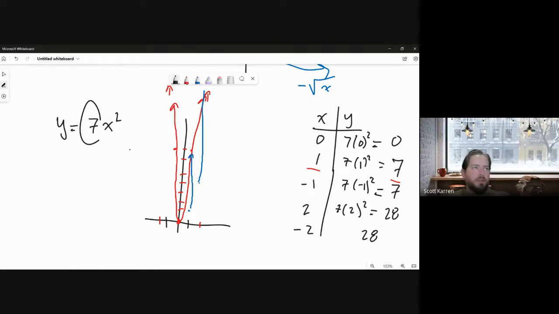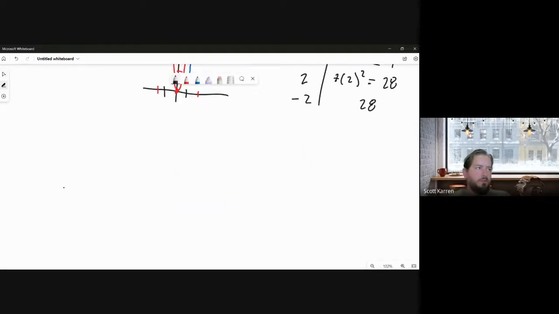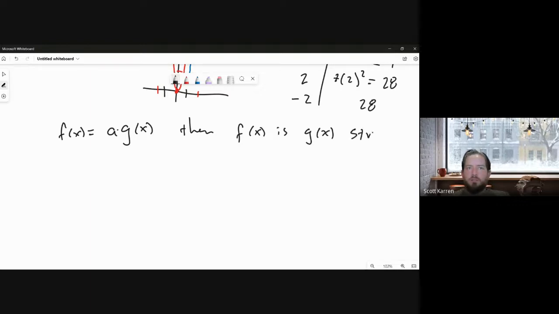And so we would say, if f of x is something multiplied by some function, a times g of x, let's say, then f of x is g of x, but stretched vertically.